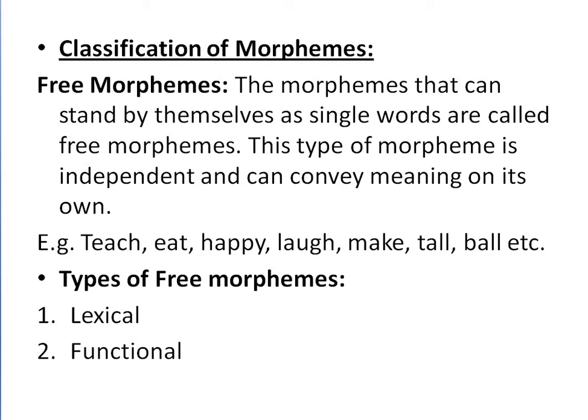For example, the word eat, or teach, is a content word. The lexical morphemes include nouns, adjectives, adverbs, and verbs, which perform a meaningful function in a sentence. Like, I eat mangoes. Here, eat and mangoes are the lexical morphemes that carry the message, conveying the proper content of the sentence.